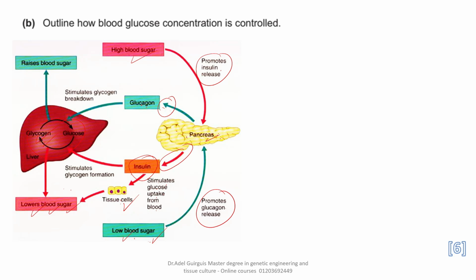Glucagon stimulates the liver to convert glycogen into glucose. Why? To increase the glucose level in the blood, so it returns to the normal level again. This is called the negative feedback mechanism or homeostasis. So this control happens by homeostasis or negative feedback mechanism.